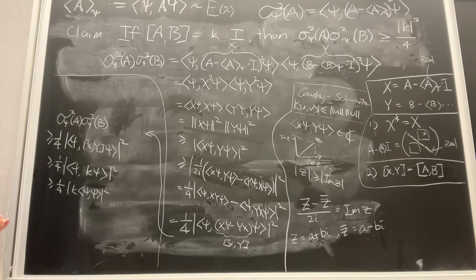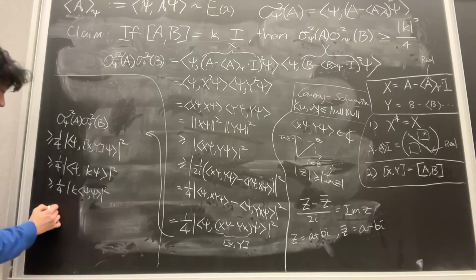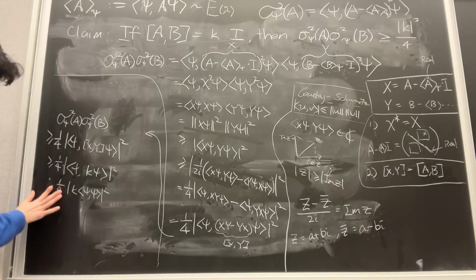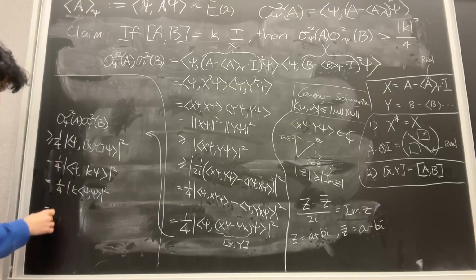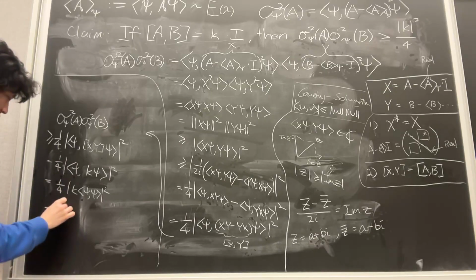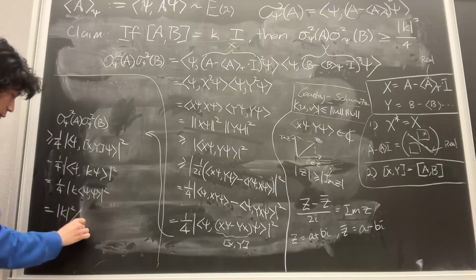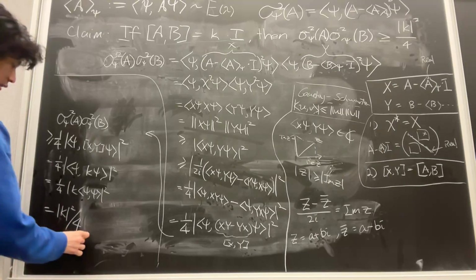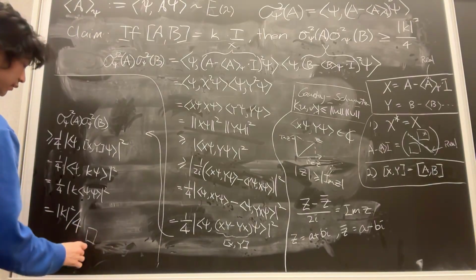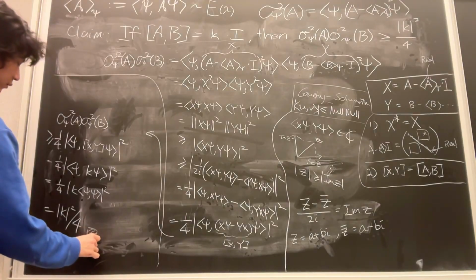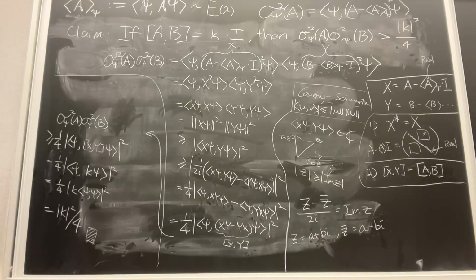Is the laptop blocking, or are we good? And then finally, normalization. We assume our states are normalized. So we get, oh sorry, these should be equal signs. Finally, this thing is just the norm of k squared over 4. Done. Draw a little box. Yep. So now we have proven our claim.